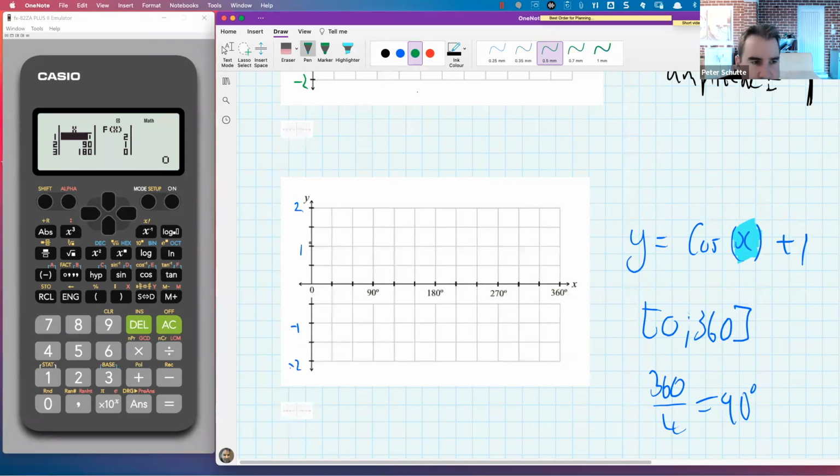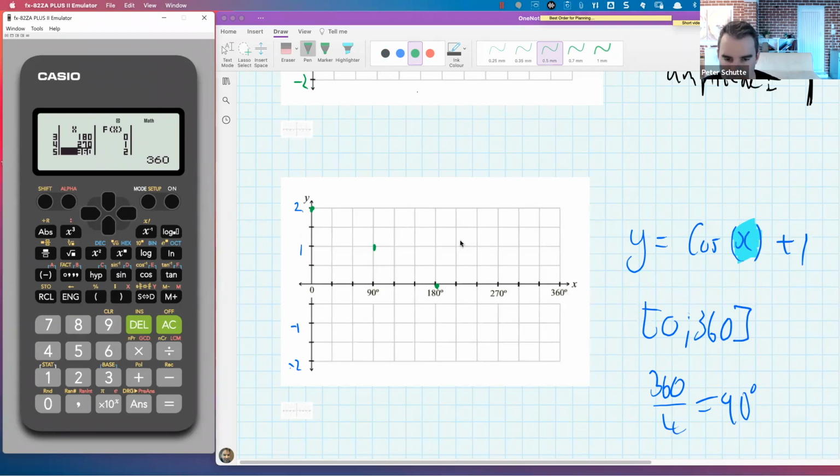So let's say 0, 2 is this point. And then 91 is that point. 180 is that point. 271. Oh yeah, it doesn't go down, it goes up again. 271, and then 362.